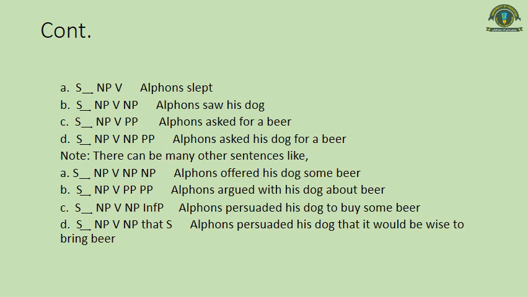The third one, the sentence, is made up of noun phrase, verb and prepositional phrase. Alphonse asked for a beer. And the last sentence under the phrase structure rule is the combination of noun phrase, verb, noun phrase and prepositional phrase, for the sentence Alphonse asked his dog for a beer.